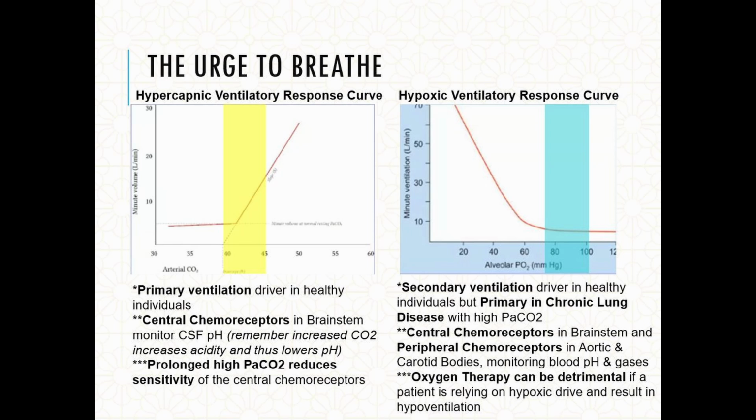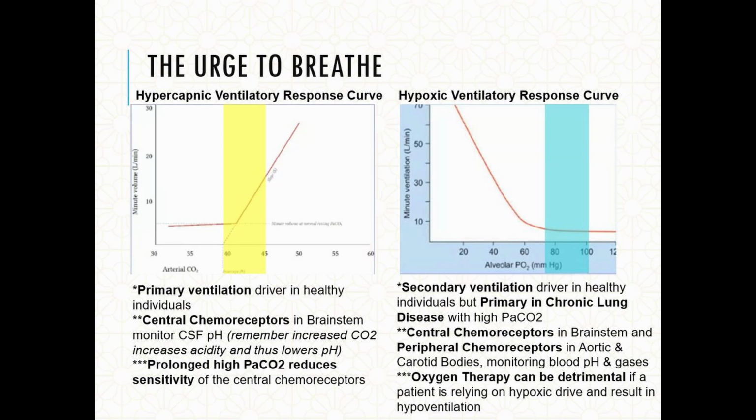This is important because in normal healthy individuals, we don't rely on hypoxic drive, but for people with chronic lung conditions, they are absolutely relying on their hypoxic urge to breathe. And of course, they are more prone to hypoventilation because of that.